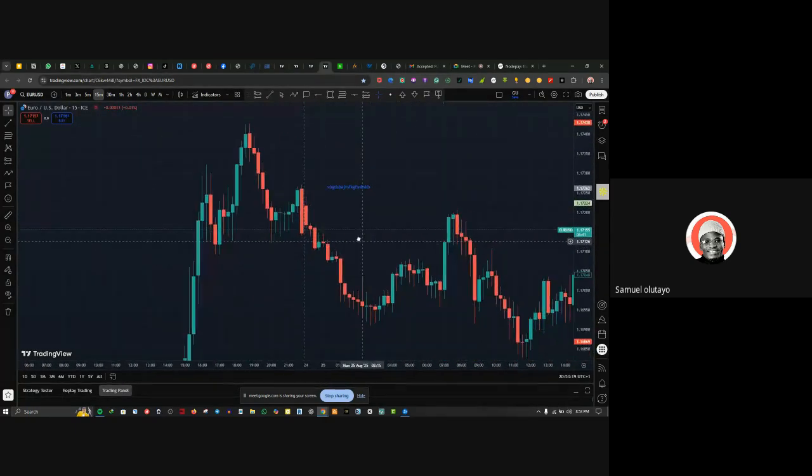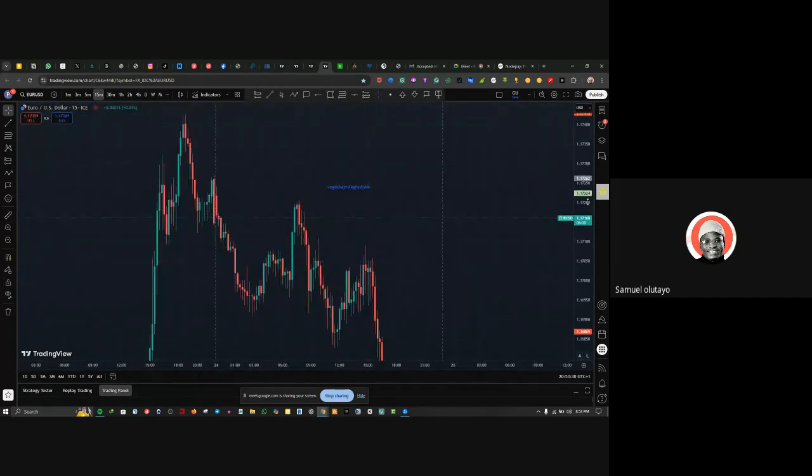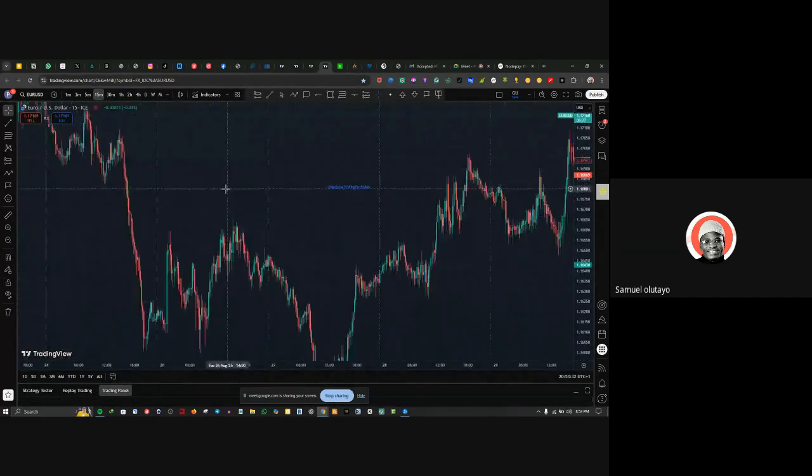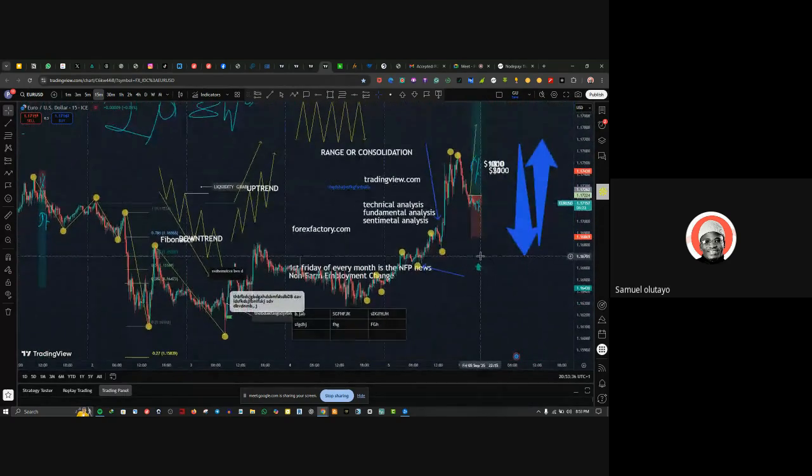Okay. So the next one I want to talk about, let's talk about this hide local drawings. Local drawings means that if I click on it, I won't be able to delete anything I've drawn on this chart. So it's going to lock temporarily.